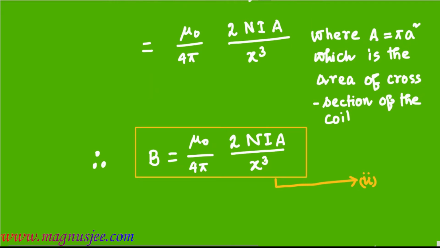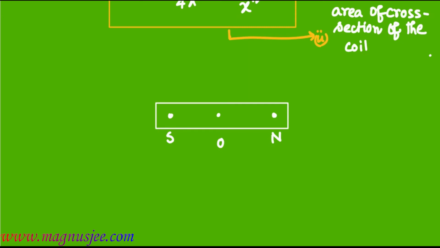Now we can assume a magnetic bar having south pole and north pole, and the magnetic dipole moment of this magnetic bar or magnetic dipole, that is Pm, acts from south pole to north pole. An axis is drawn, axis is OP.